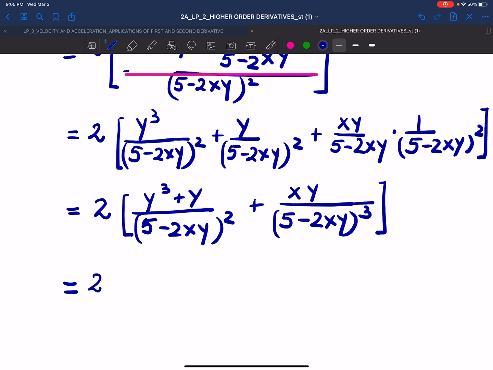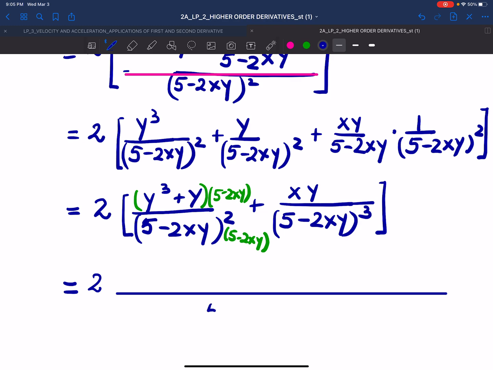So you still have number 2 in here. We'll multiply numerator and denominator by 5 plus 2x minus 2xy, so that we can have the same denominator. So, long fraction line, (5 minus 2xy) to the power of 3.